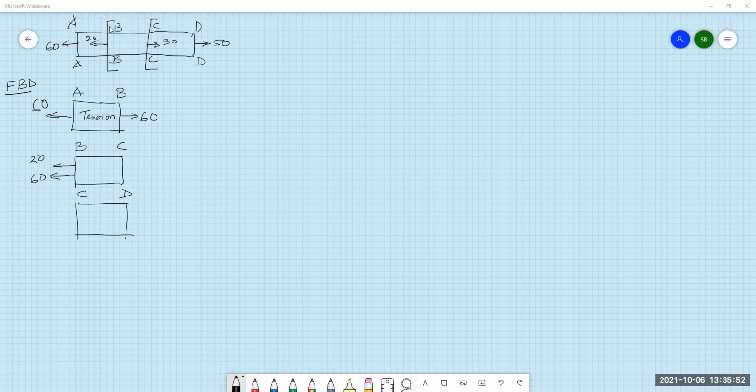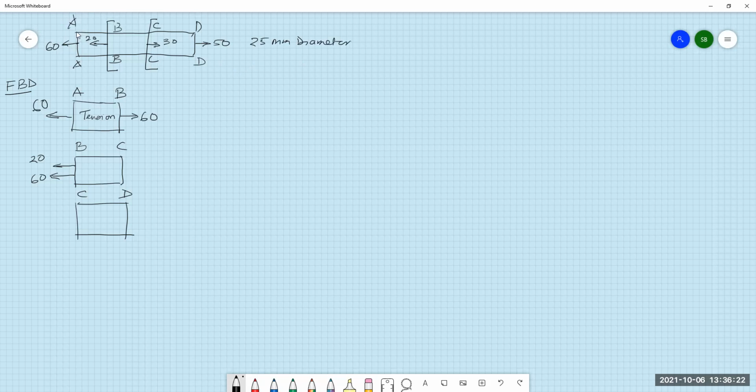We have this prismatic bar, whose diameter is given as 25 millimeter, so the cross section area can be calculated.